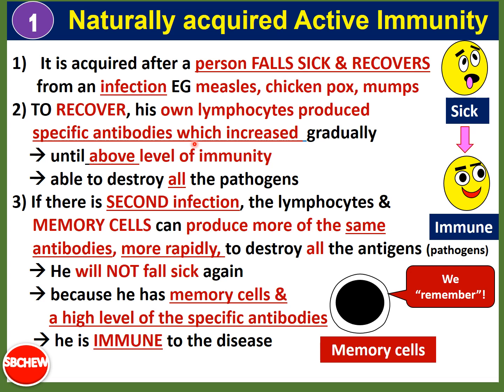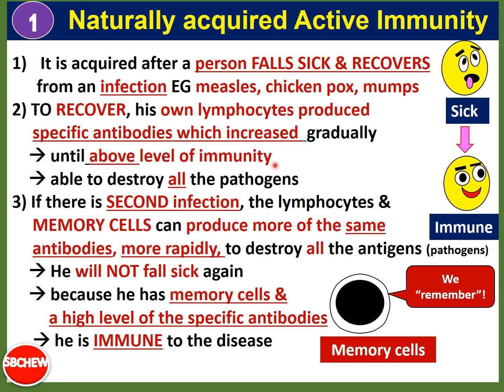And these specific antibodies will increase gradually in his body until they reach the level of immunity. So the level of immunity is a high concentration of antibodies that must be reached in order for the body to destroy all the pathogens.